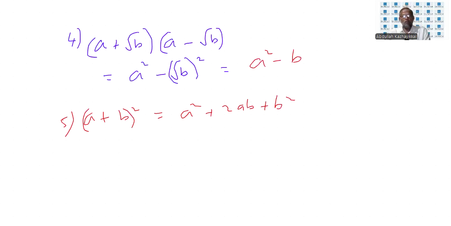Suppose instead of A, I'm talking about root A: root A plus root B whole square. What is it? A square, that means root A whole square. Am I right or no? Root A whole square. Sorry.